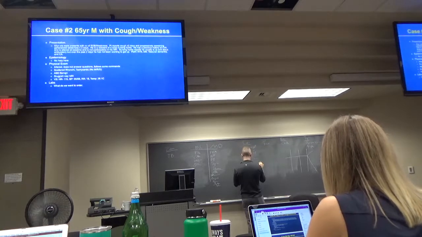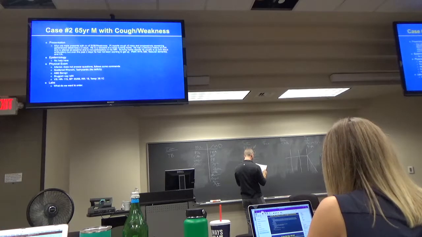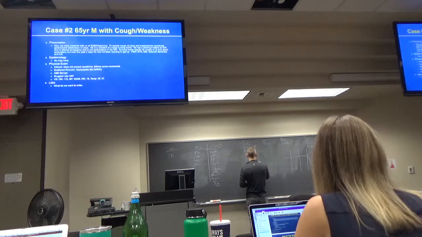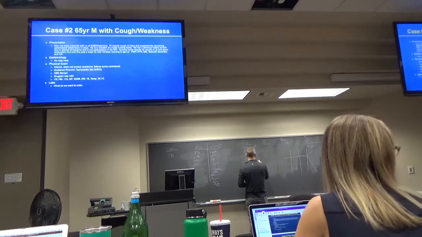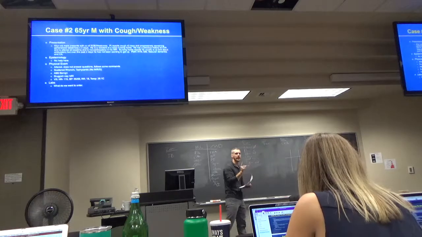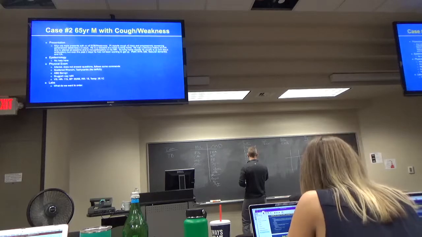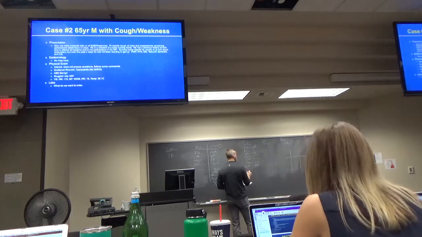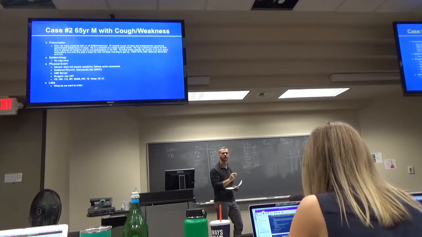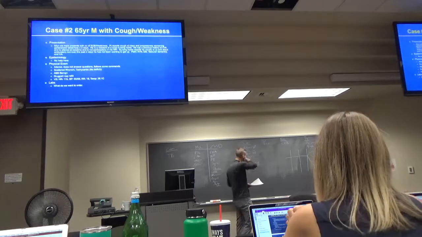His troponin was, what was his troponin? We'll call it 0.15, which is elevated. His BNP was 500. This is a pro BNP. And so we'll say that that's just slightly elevated as well. Not stupid high, but slightly elevated.